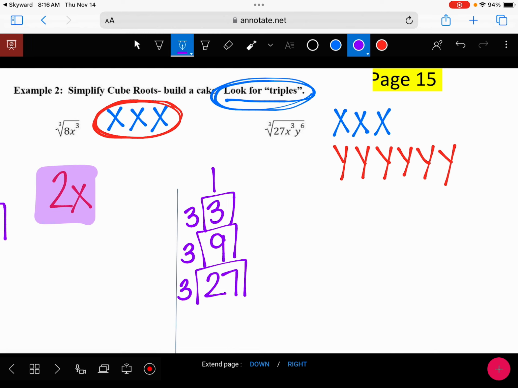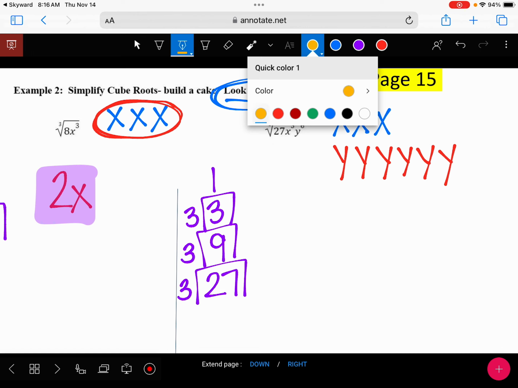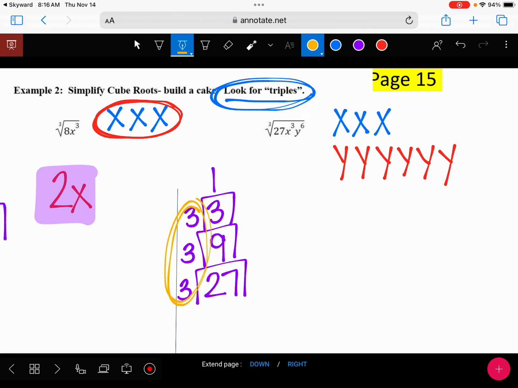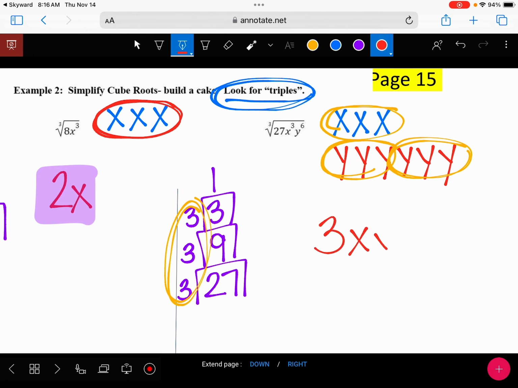So when I circle my groups, I have one group of 3, then x. I have one group of 3 x's, and I have 2 groups. So altogether, my final answer would be 3x, and then I have 2 groups of y.